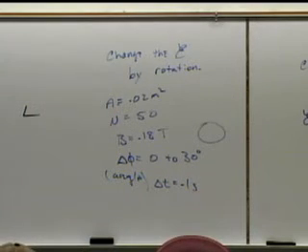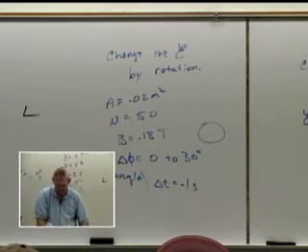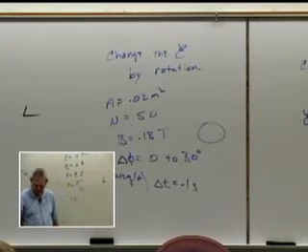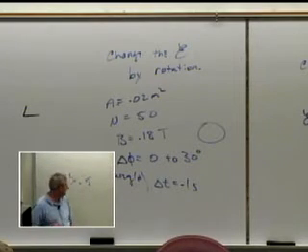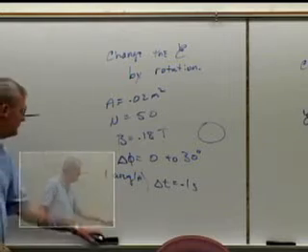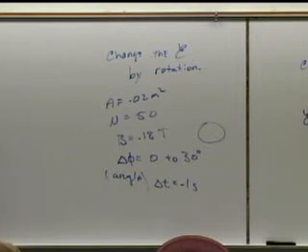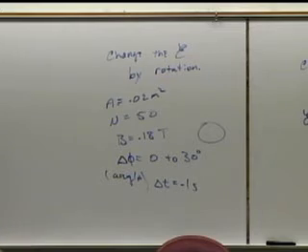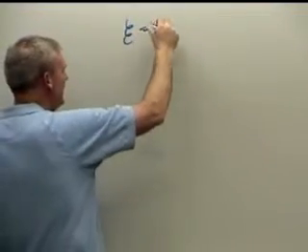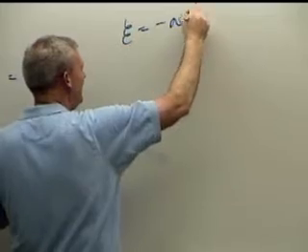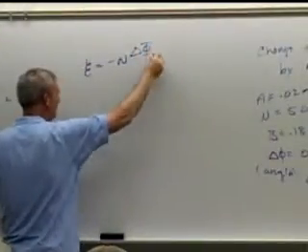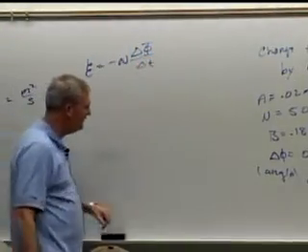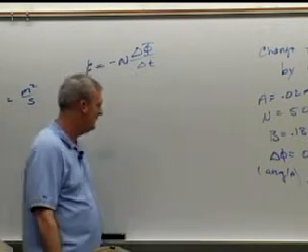Okay, so let's take a look at this. Now what we're going to be doing is changing the angle. So I'm going to wind up with the EMF equal to negative N times delta flux divided by delta T. Now that's a little confusing. This is the angle, remember.